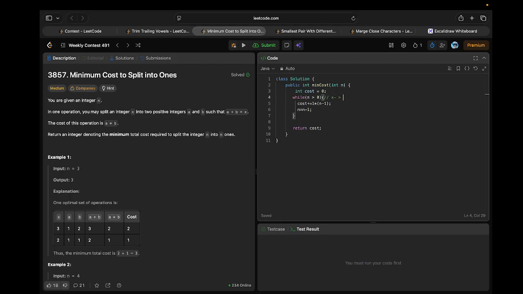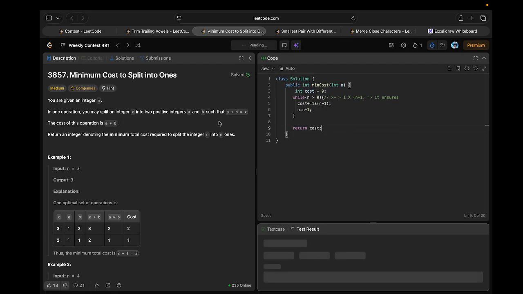I make sure the first number is 1, and the second number will be n minus 1, because it ensures that the cost is always minimum. So I am taking the first number as 1 and the other as n minus 1. I am subtracting it because I need to find it for the next number, like n equal to 3. I'm just doing it multiple times till the value of n is greater than 0, and after that I'm just returning the cost. So this code is perfectly fine, it is working.